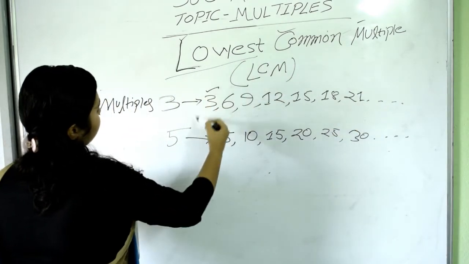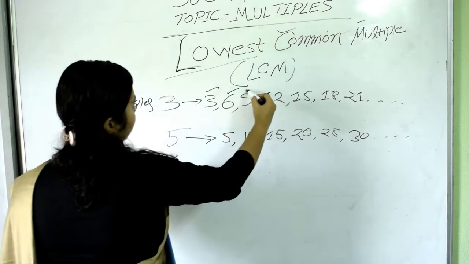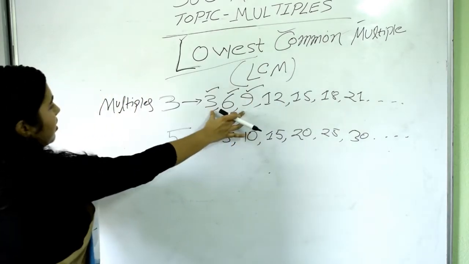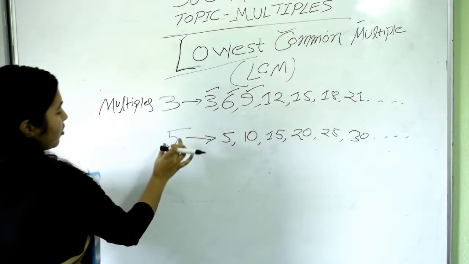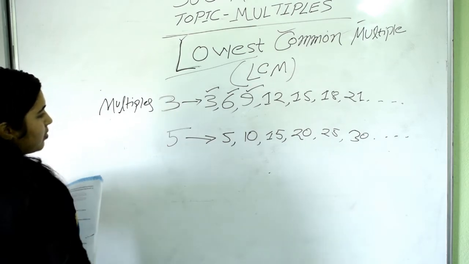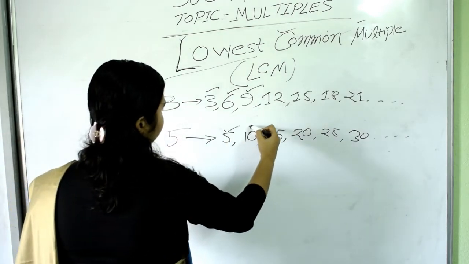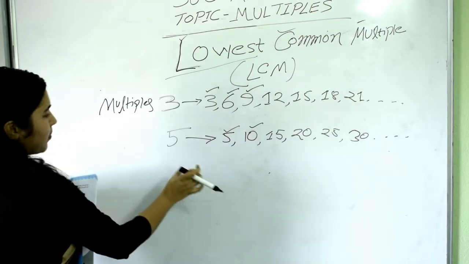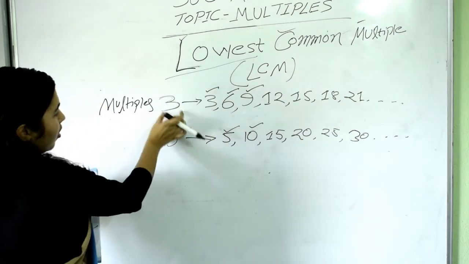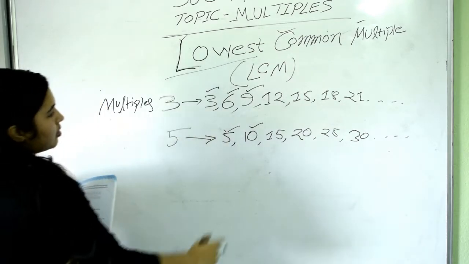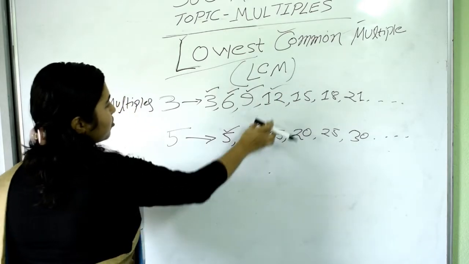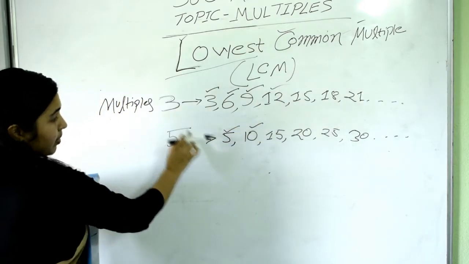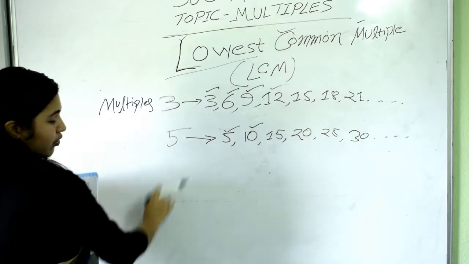Now 3, 6, 9 are multiples of 3 but not multiples of 5. Same, 5, 10 are multiples of 5 but not multiples of 3. Same for 12. 12 is a multiple of 3 but not a multiple of 5.